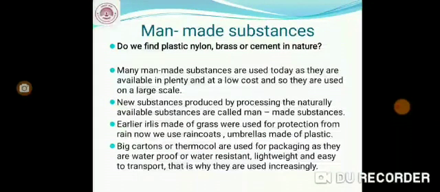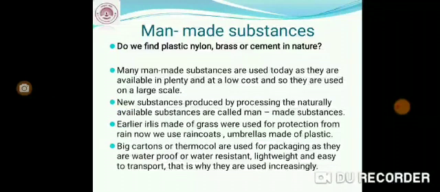So let us study man-made substances in detail now. It is human nature to strive for newer things and to try to make life comfortable. As a result, man has not only learnt to use natural substances but also began to process them to make new substances.